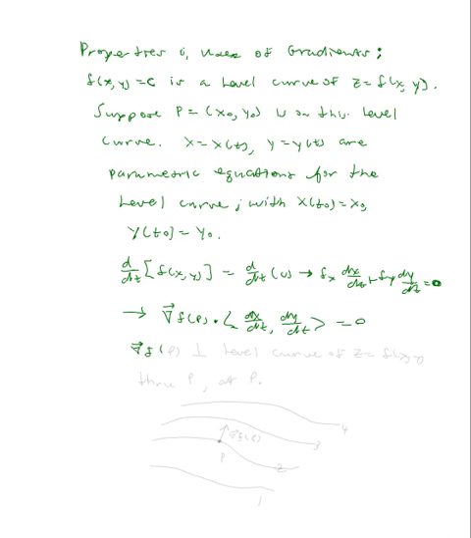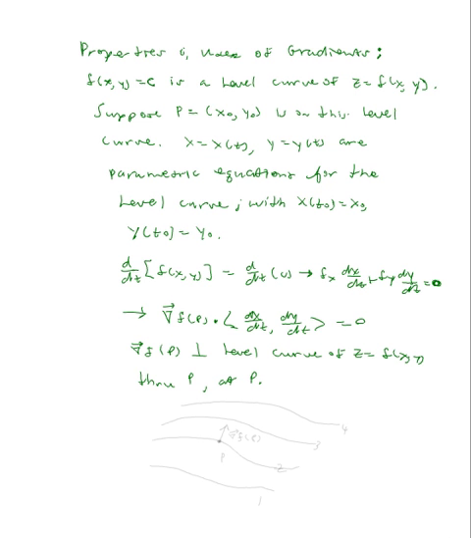Okay, so del f at P is perpendicular to the level curve of z equals f of x, y that goes through P, and this is happening at P. Okay, so now we have an idea of what the gradient vector looks like.